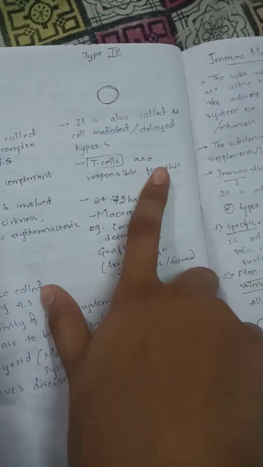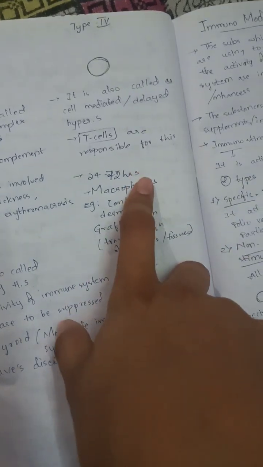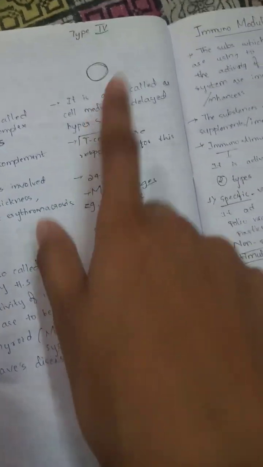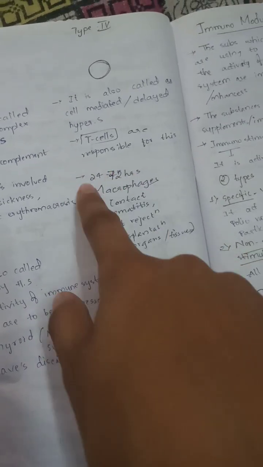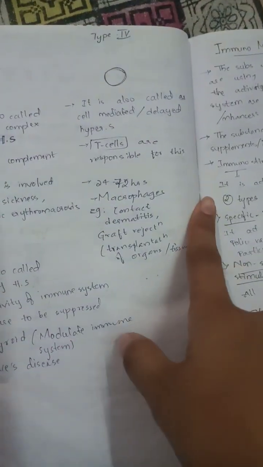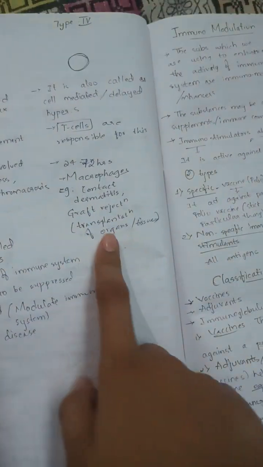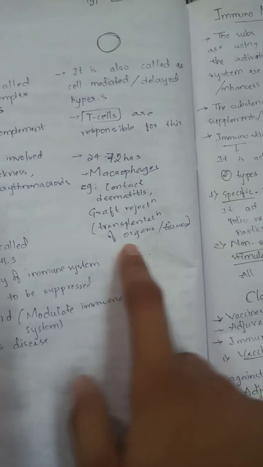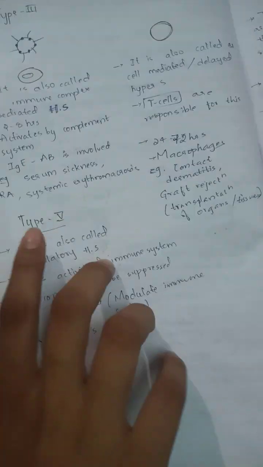And type 4 is also called cell mediated or delayed hypersensitivity. Since it is cell mediated, T cells are responsible for this, and the time taken is 24 to 72 hours. Examples are contact dermatitis, graft rejection. That is nothing but when an organ transplantation occurs, graft rejection happens.